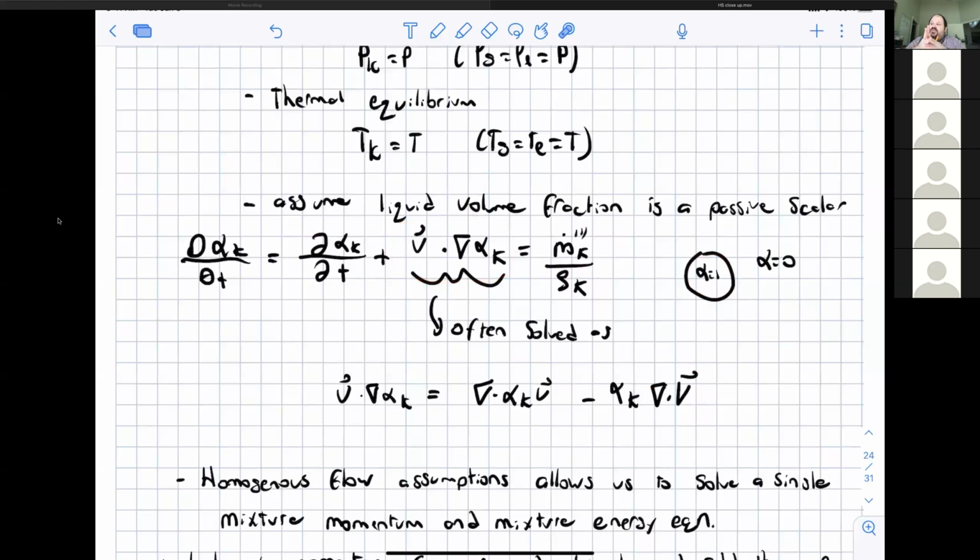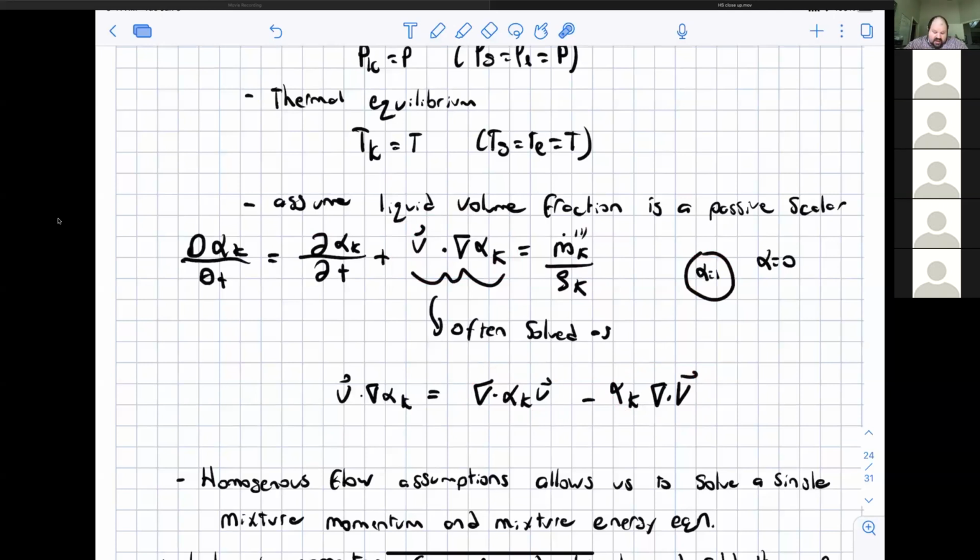I'm not going to get into those, but just be aware that sometimes you will see this term written like this. Mathematically, they are identical, but there are numerical advantages to solving them like this, because you can do it in a more conservative way that matches how compressible flows are solved. But again, that's a whole different class, getting into the reasons why you do that. Okay, so are there any questions?